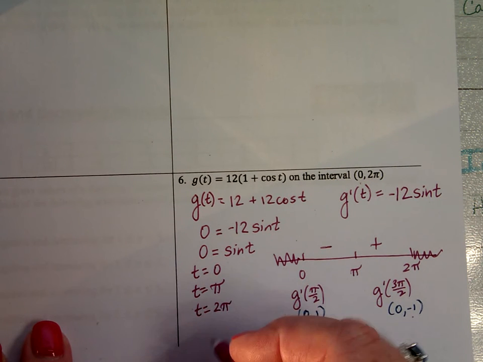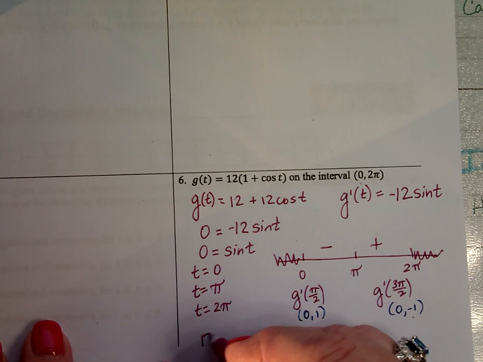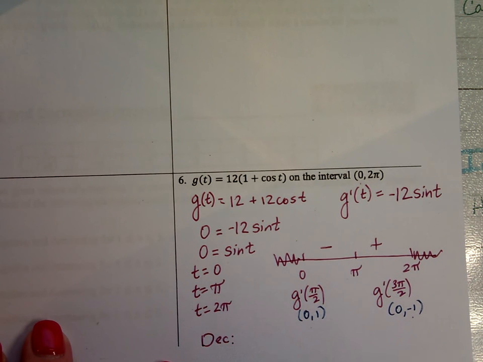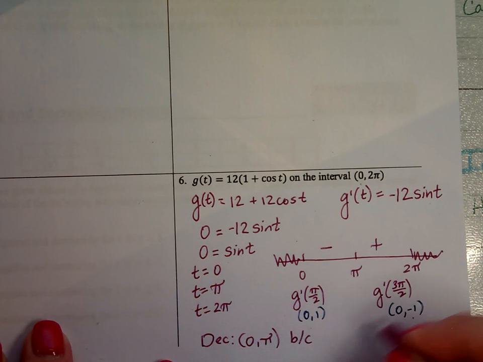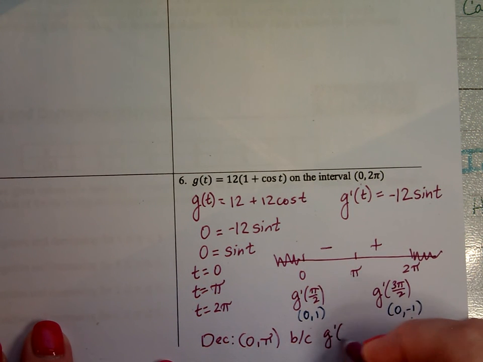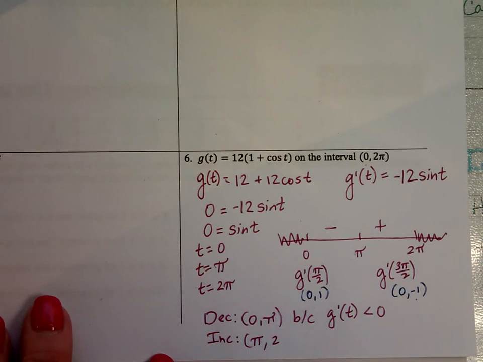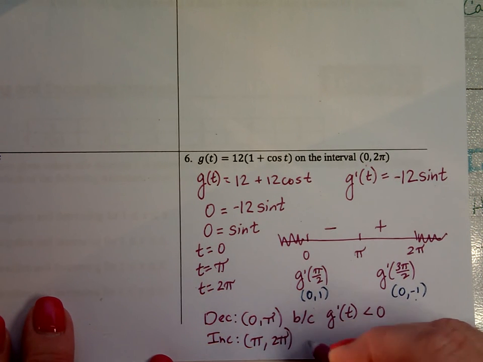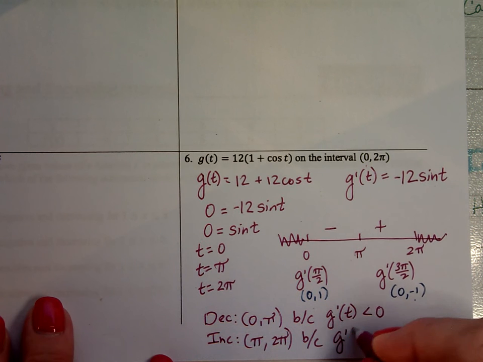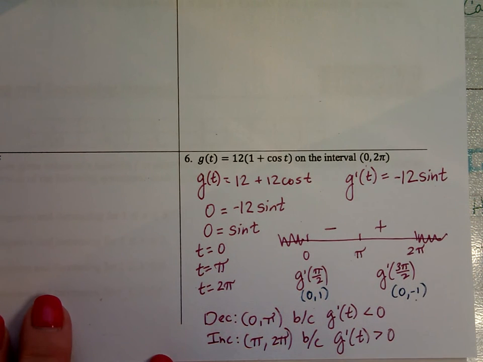So it is decreasing first from 0 to pi because g prime of t is less than 0, and it is increasing from pi to 2 pi. Can you still see me? Barely. Pi to 2 pi because g prime of t is greater than 0. And there you go. So you can do it for trig functions.